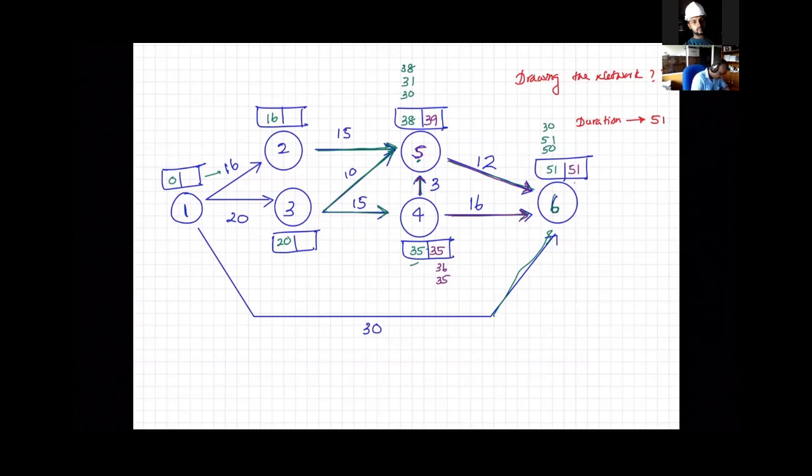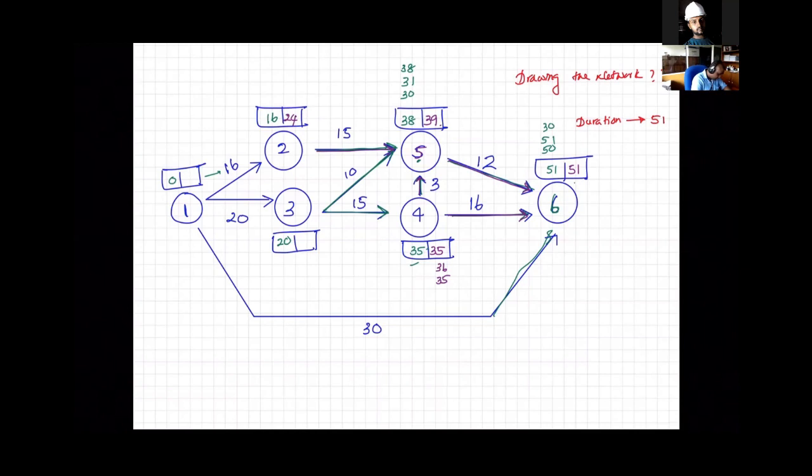Okay. And here, for this node 2, there's only one arrow going outwards of that. So we have to take that arrow. 39 minus 15, that's 24. Niroj, I'll answer your question after working this out.